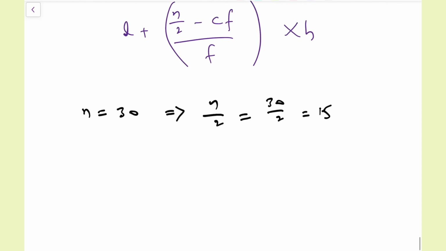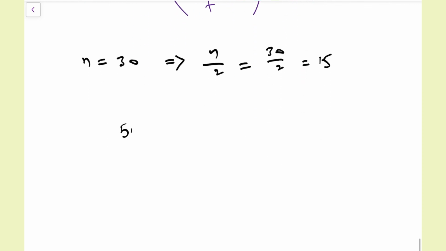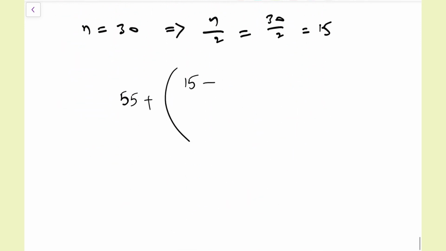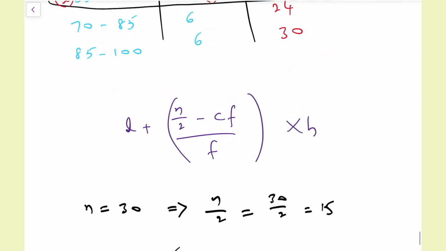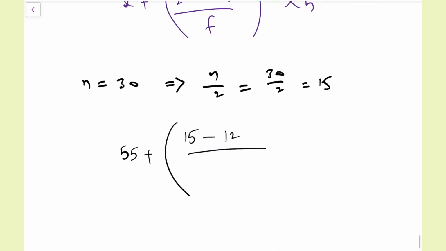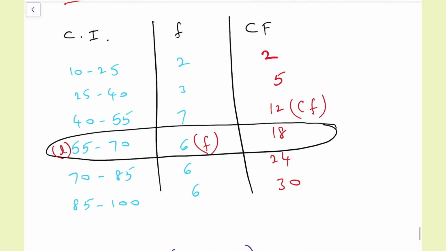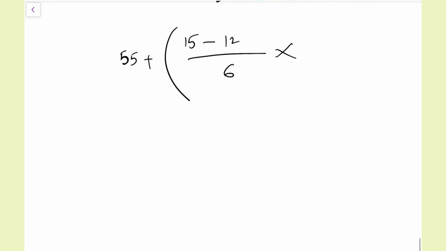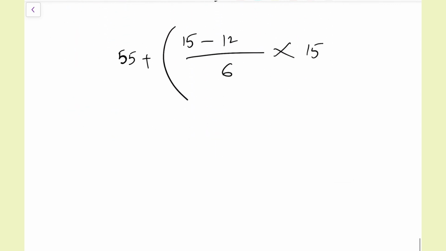Now let us substitute here. L is 55. So L plus N by 2, 15, minus CF 12 divided by F 6 into H. What is H then? Take any two numbers and do subtraction. 25 minus 10, 15. Class size, that is nothing but 15.